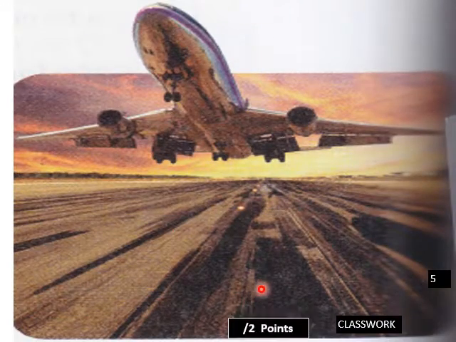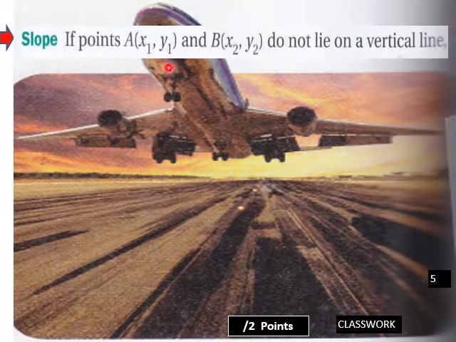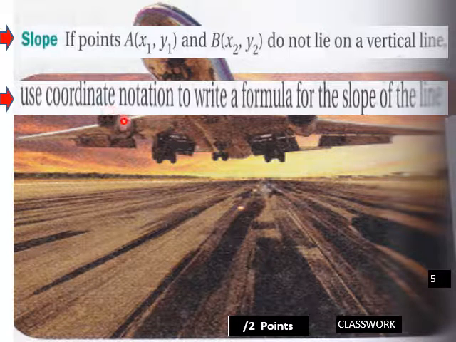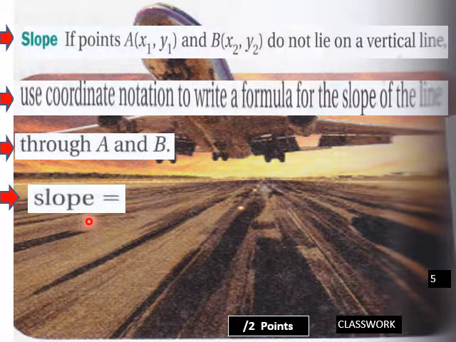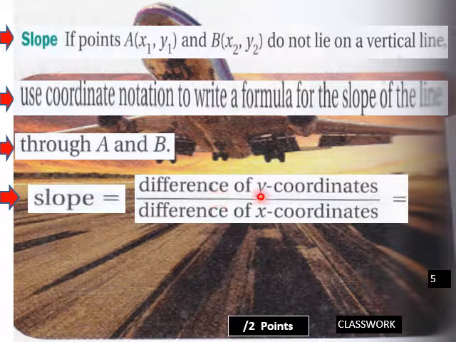Okay, let's move on. Page 5. Slope. If points A, which is x1, y1, and B, x2, y2, do not lie on a vertical line, use coordinate notation to write a formula for the slope of the line through A and B. Slope equals the difference of y coordinates, rise, over the difference of x coordinates, run.